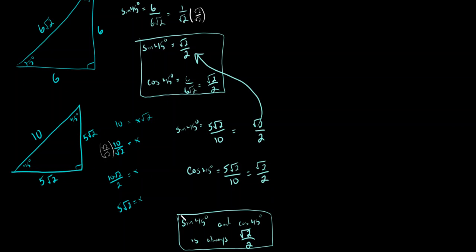Make sure you burn that in your memory, and make sure you're able to find missing sides as well. You are going to need to be able to do this. In the next video, we'll take a look at our 30, 60, 90.